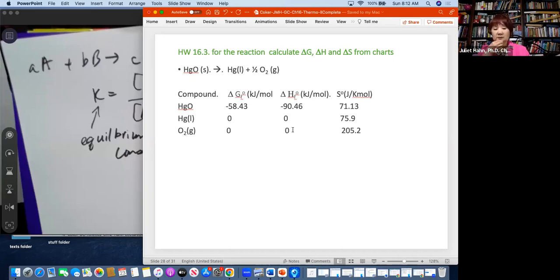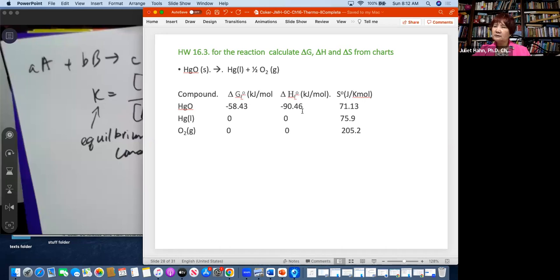Sometimes you'll get a question where people give you the number for the one that's not zero, like the enthalpy of formation of HgO is negative 90.46. Then they ask, what is the enthalpy of the reaction?